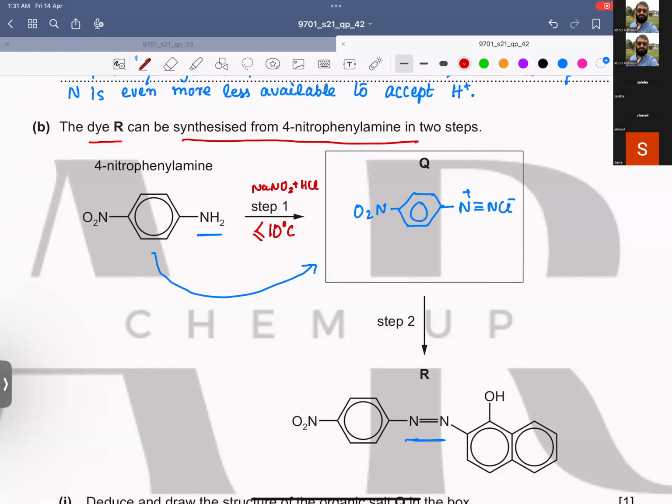Now in step 2, it clearly shows that the reagent that I have introduced over here is basically this structure, and on this position the diazonium salt is substituted. So this is the one reagent. Okay, let's proceed further.